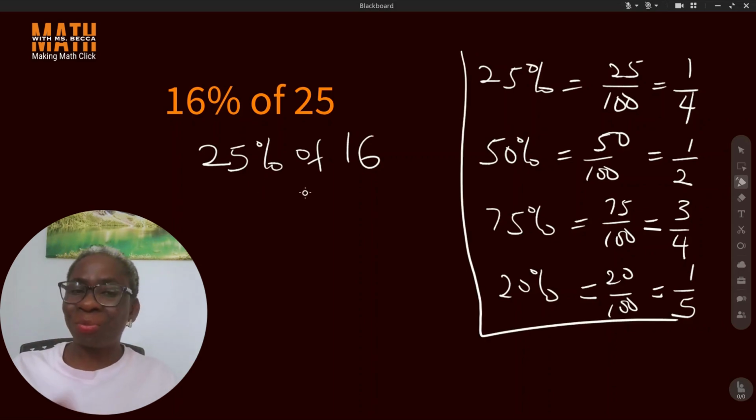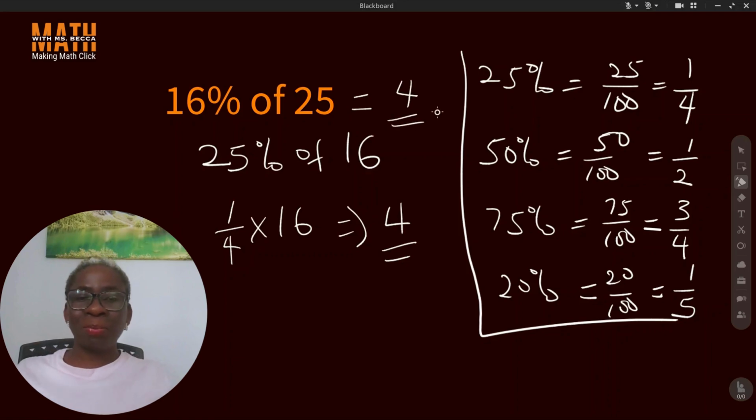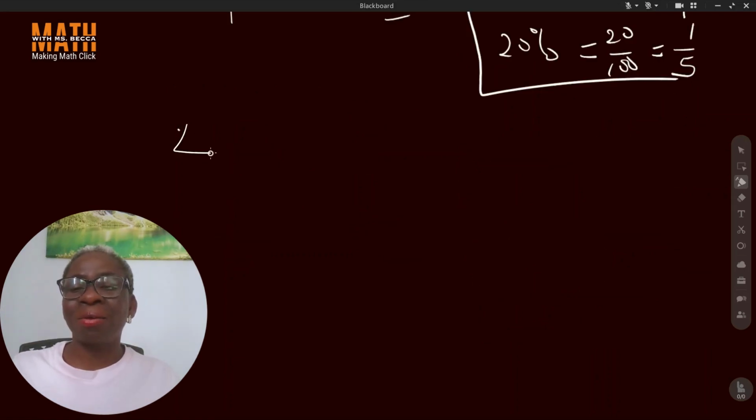So 16% of 25 is the same thing as 25% of 16, and this means 1/4 times 16, and that is 4. So 16% of 25 is 4. Simple. Now let's try 40% of 50.